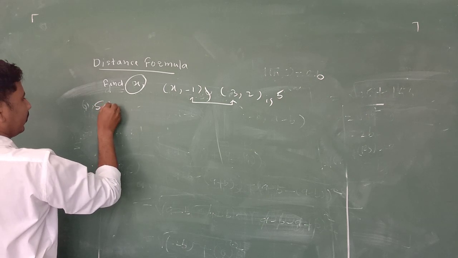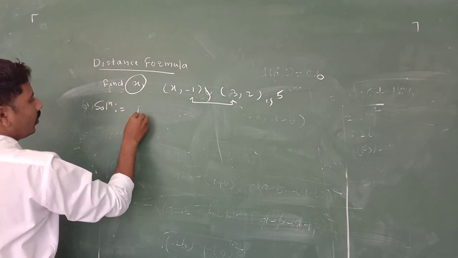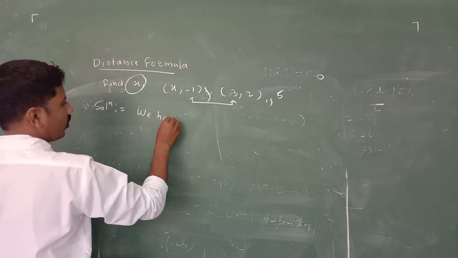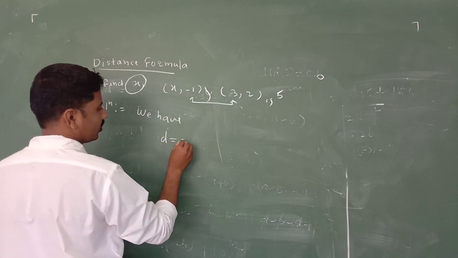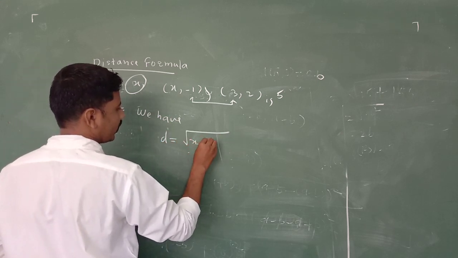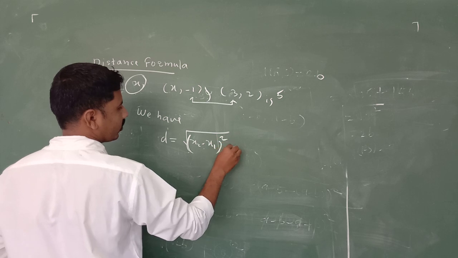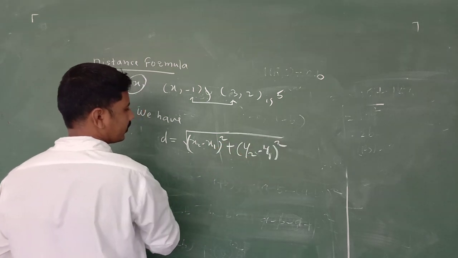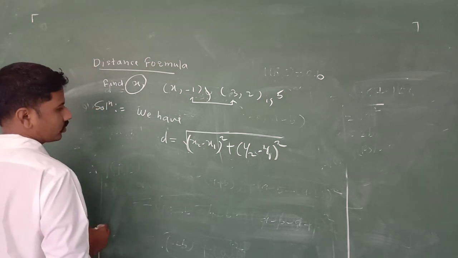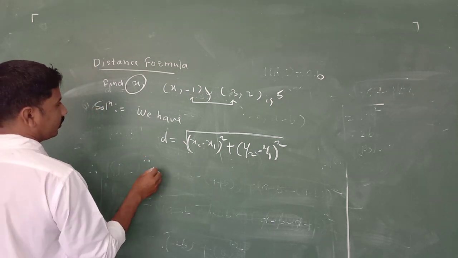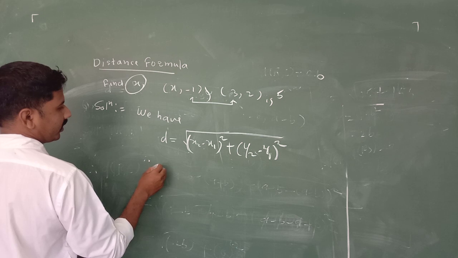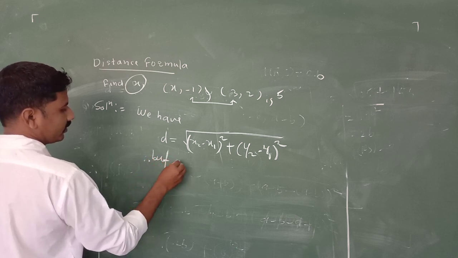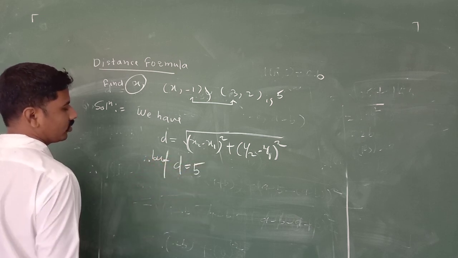So what is the solution? We have distance d is equal to under root (x2 minus x1) bracket square plus (y2 minus y1) bracket square. The distance d is given as 5.